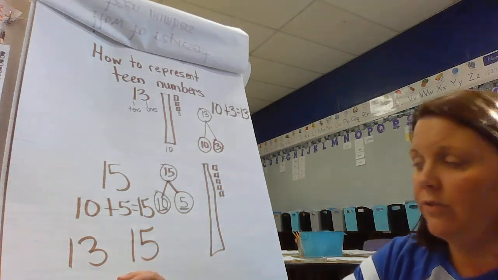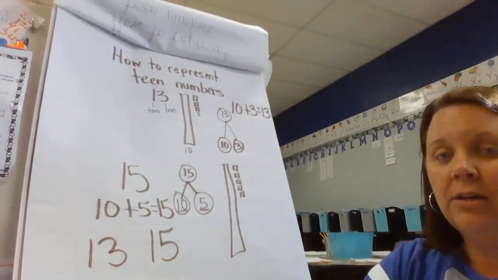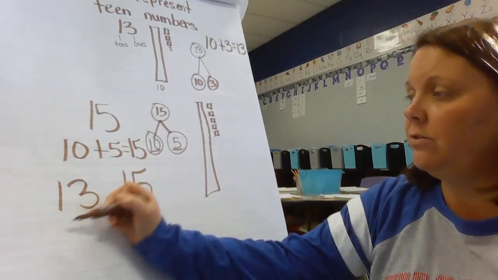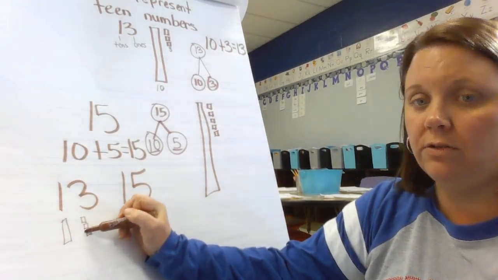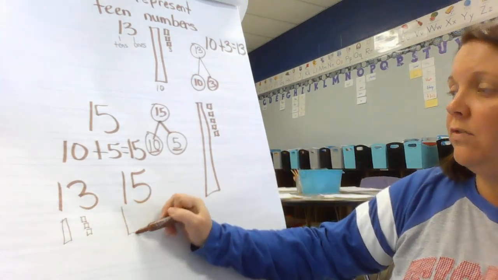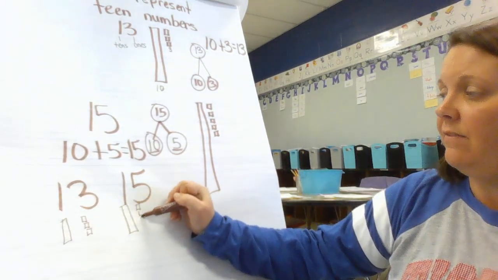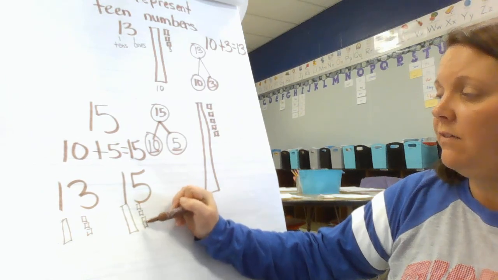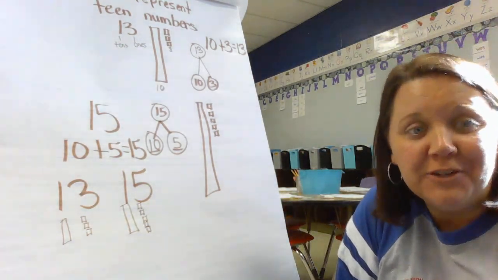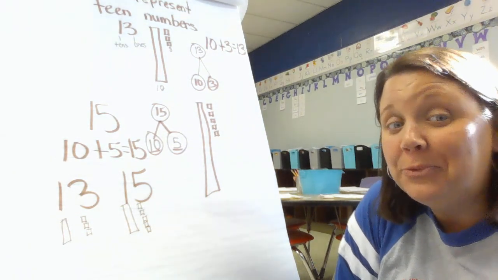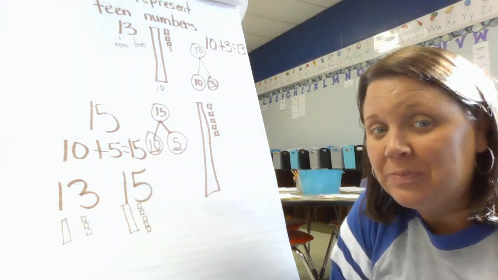So I'm just going to draw this right here so you can see. Hopefully you can see this. 10, 11, 12, 13. Over here, I have 10, 11, 12, 13, 14, 15. I think that gives us a good representation of which number is greater because one side has more blocks than the other.